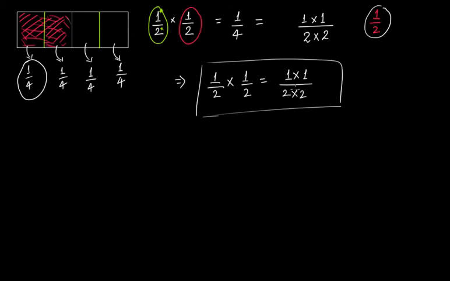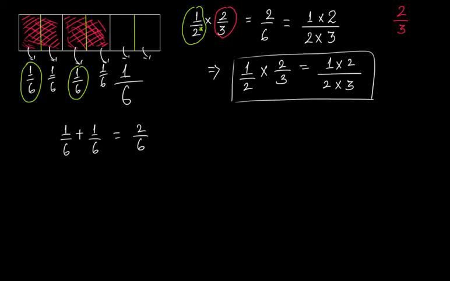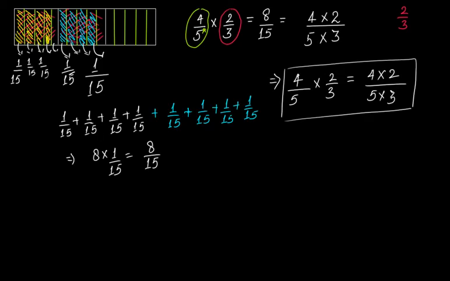Multiplication of numerators divided by multiplication of denominators.